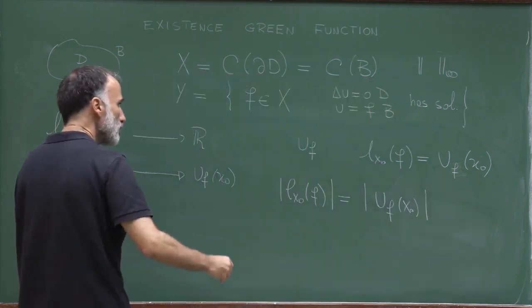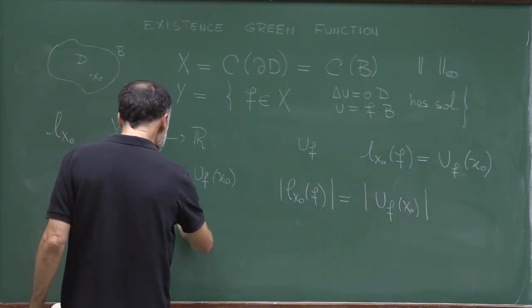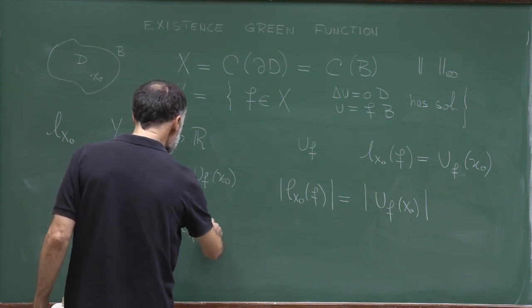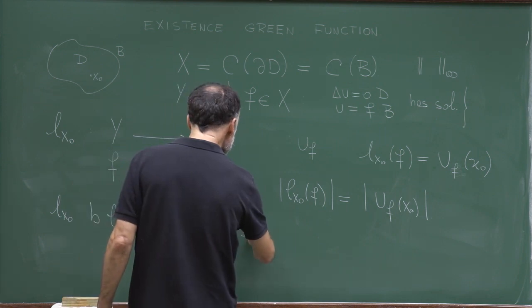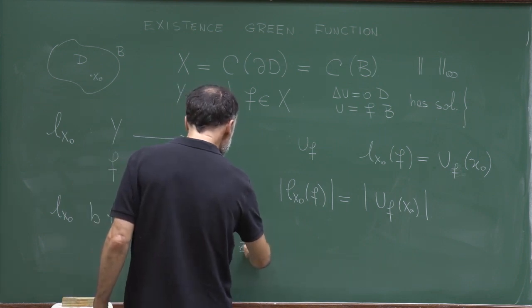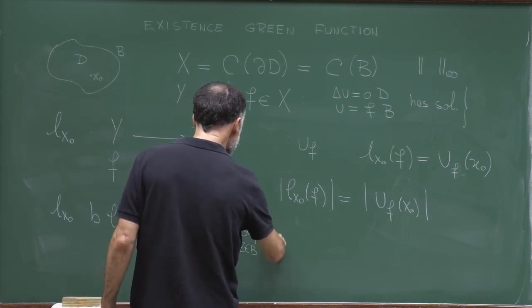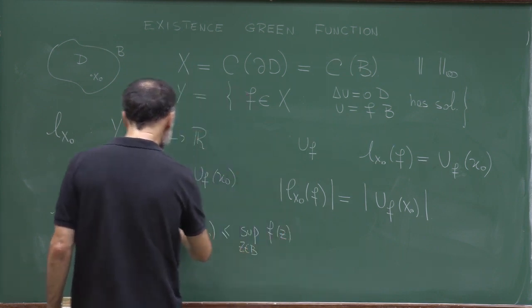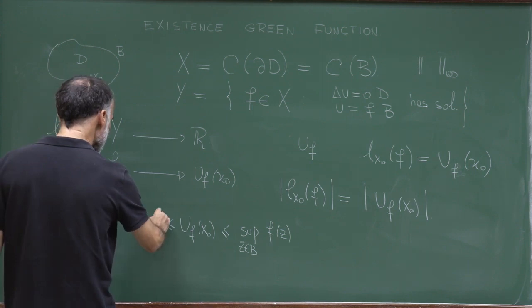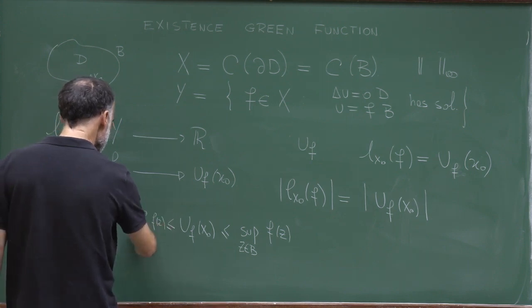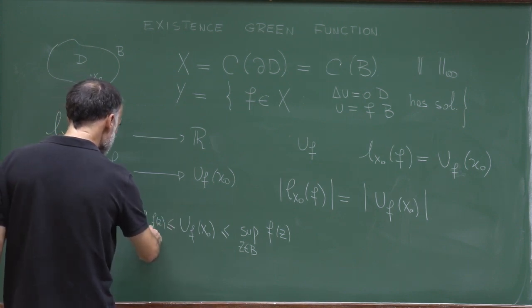Now you know by the maximum principle that u_f at x0 is less than or equal to the supremum of f(z) for z on the boundary, and it's bounded below by the infimum of f(z) for z on the boundary.